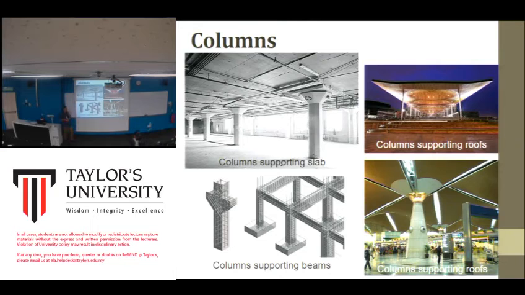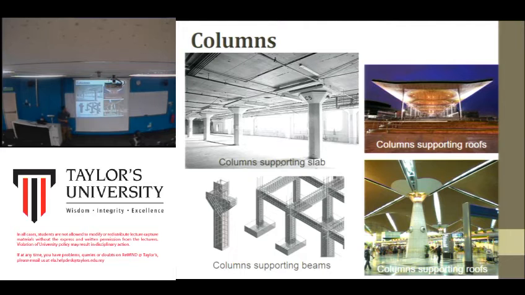It's not that you have one column, then a beam, and then another column sitting on the beam. The column is the main structural member that brings down all the loads from the top to the ground. The beam only transfers the load from each level to the nearest column.